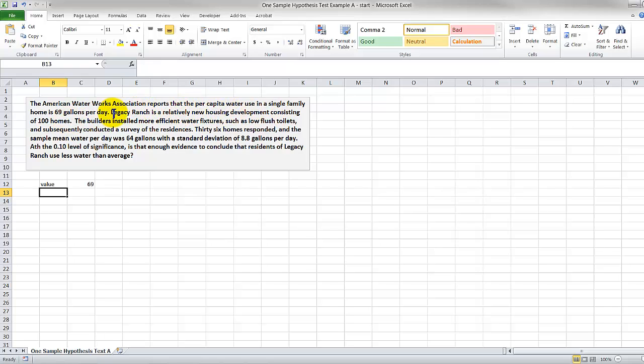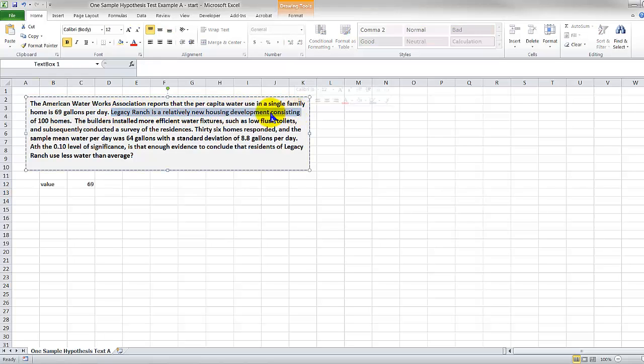The next thing that we have is 100. So we have 100 homes in this ranch development, which is basically the entire population. Okay, but we need to know the information more associated with the survey, which will be later described. The builders installed more efficient water fixtures such as the toilets. 36 homes responded to the survey.